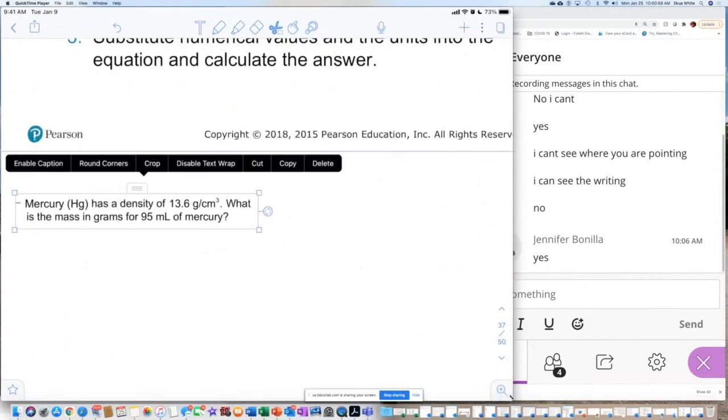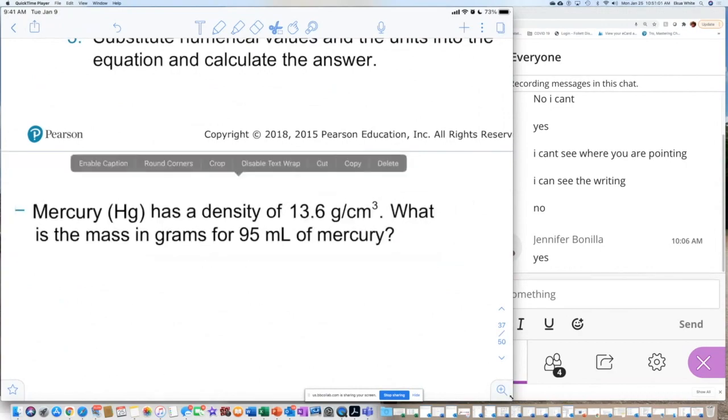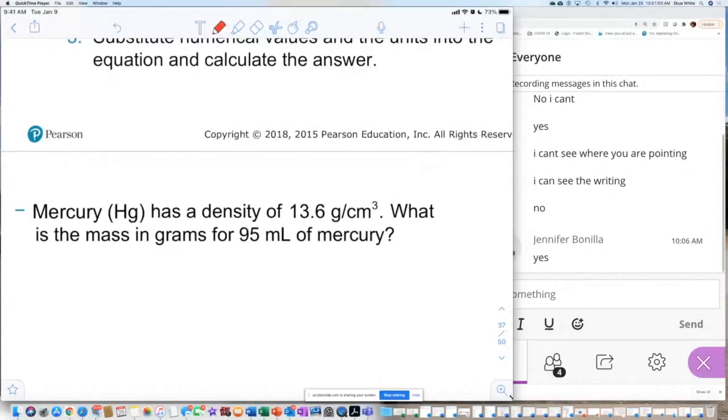Okay. When you have a question like this, and you're trying to set it up for dimensional analysis, look at the numbers given to you and write them down. So we are given density, 13.6. I like to write my fractions like fractions, grams over centimeter cubed.